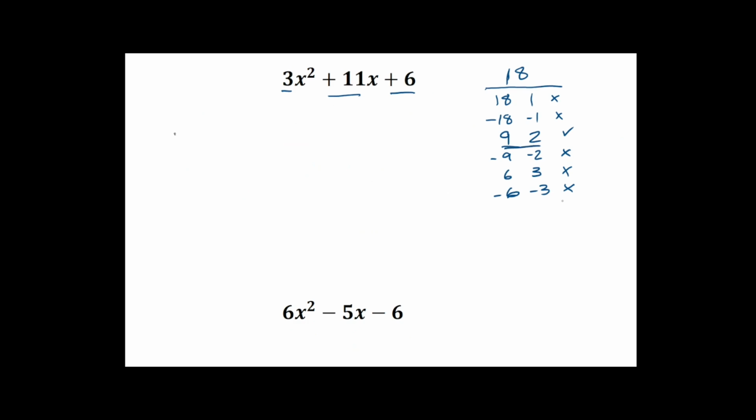So I'm going to break up the x term into 9 and 2. And a little trick here, I could do this in any order. I'm going to go plus 9x because it's going to factorize really nicely later on.